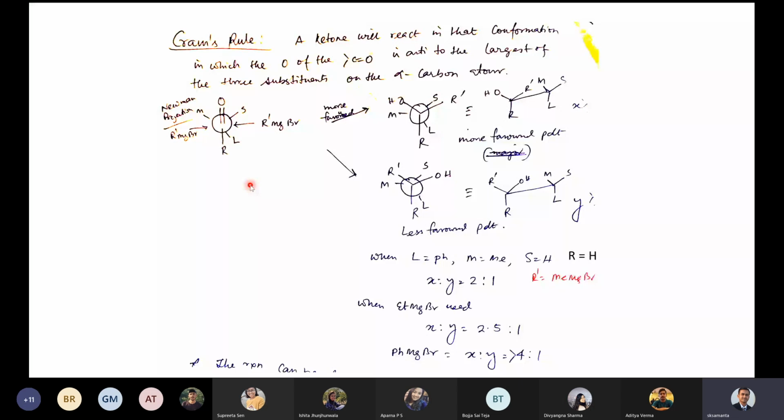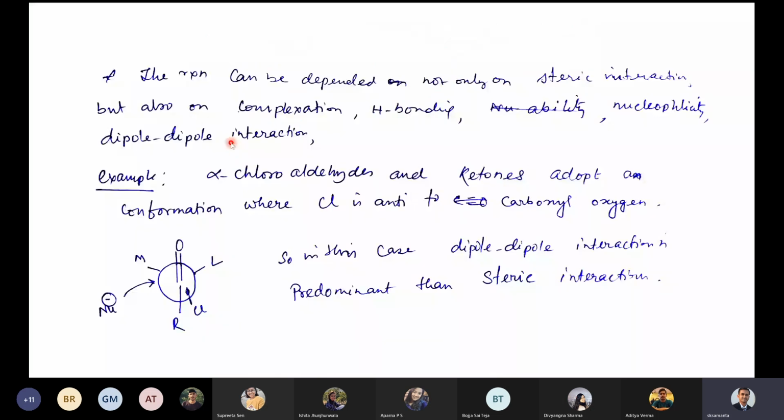Now, this rule that L group will be always opposite to oxygen is not correct. Not always. There is some exception. In very rare cases, the reaction can depend not only on the steric interaction, but in some cases also on complexation, hydrogen bonding, nucleophilicity, dipole-dipole interaction, etc. For example, if you have alpha chloroaldehyde, so here you have, let's say, a large group, a medium group, and a chloride.